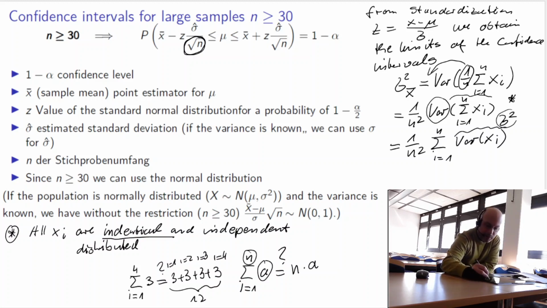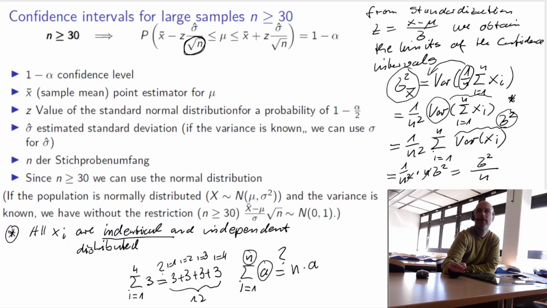And if this is also just a fixed number, then we obtain 1 over n squared times n times sigma squared. This cancels, and we obtain sigma squared over n, which equals the variance of the mean.